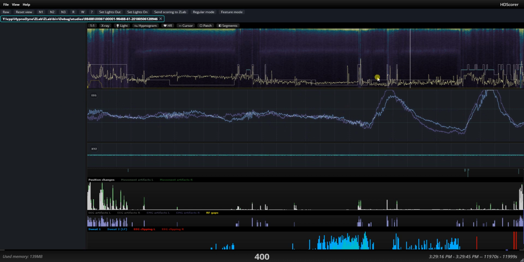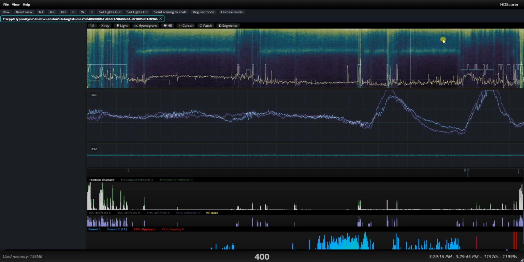There's no delta activity, even though this activity right here, you can see in the spectrogram, if you change the color especially, that there's no spectral factor by which you can discriminate sweating from delta activity. It looks like a whole continuous smooth process of increasing low frequency activity.